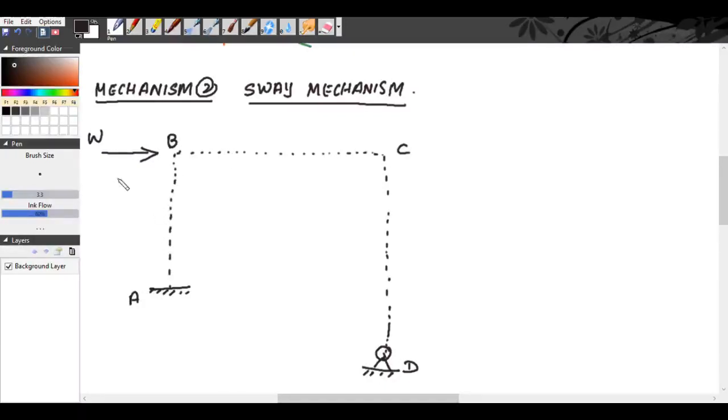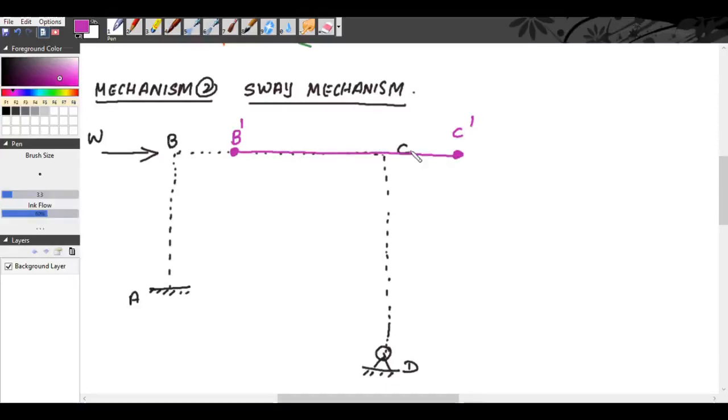So for the panel mechanism, this B gets shifted to B dash. There will be a hinge at B. C gets shifted to C dash, forming a hinge at C dash.